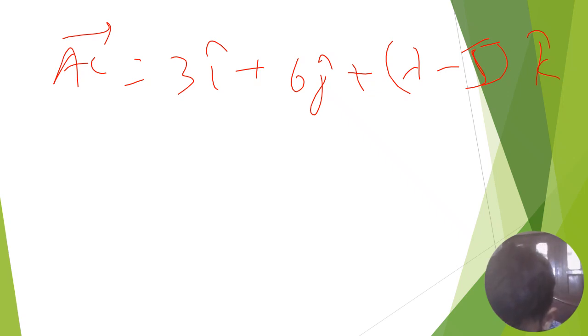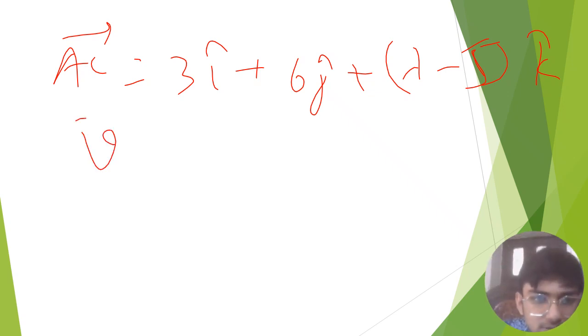Now we have to take the projection of v vector on this AC vector. V vector is i plus j plus k.